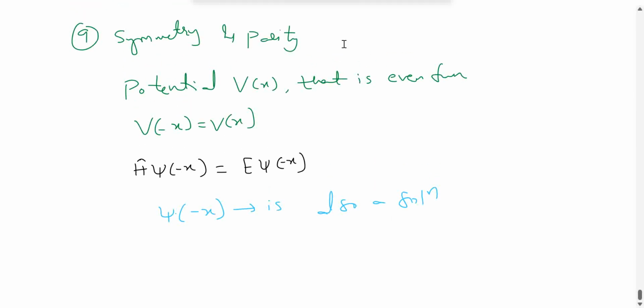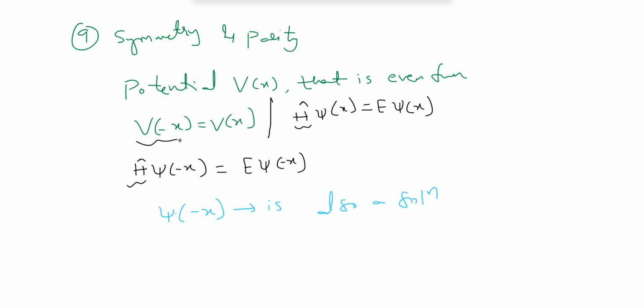Okay. So let me draw a line here to separate. So H cap of psi of x is equal to E psi of x. Now in both cases, this H cap and this H cap are the same because the Hamiltonian doesn't change under parity.